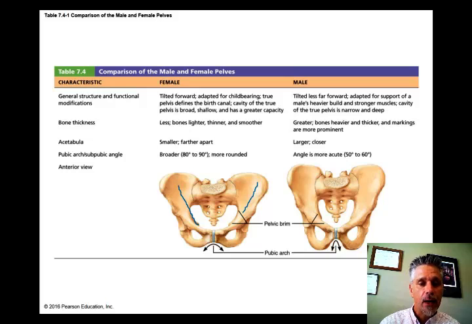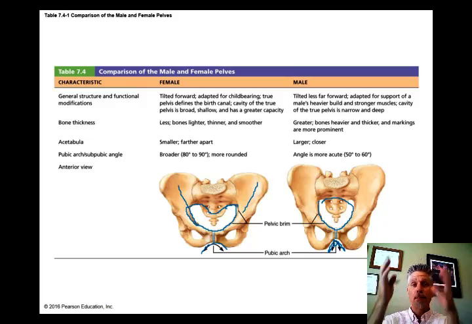We can see how the pubic arch is greater than 90 degrees compared to less than 90 degrees. If you look at the pelvic brim and the pelvic outlet, we can see it's much smaller in a male and rounder compared to the more heart-shaped outlet when we look at the female, right? Because that's the birth canal. We want to make sure that that's nice and open.